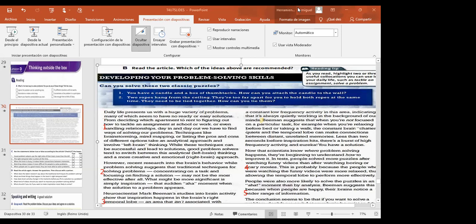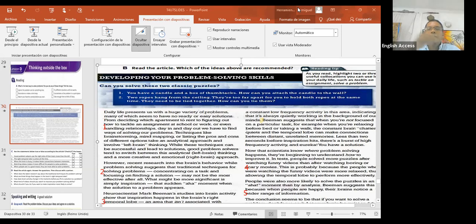What might be more significant is simply inspiration, that sudden aha moment when the solution to a problem appears. Okay, good. There are some mispronounced words. We will check later.